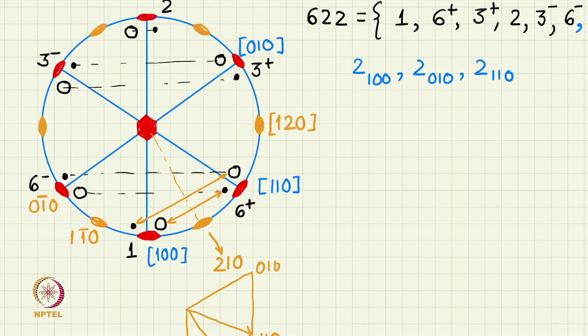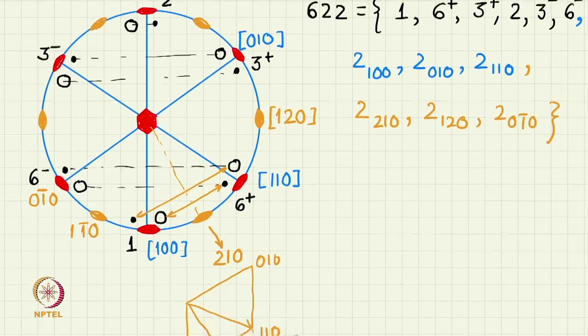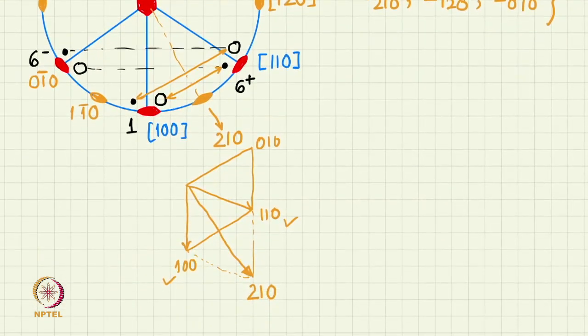So now I have found the labels for these three new twofolds, the surprise twofolds, as 2 210, 2 120 and 2 1 bar 1 0. This completes my 12 operations of the group. So 12 equivalent positions and 12 operations in the group. This is the largest dihedral group 622 in our crystallographic point groups.